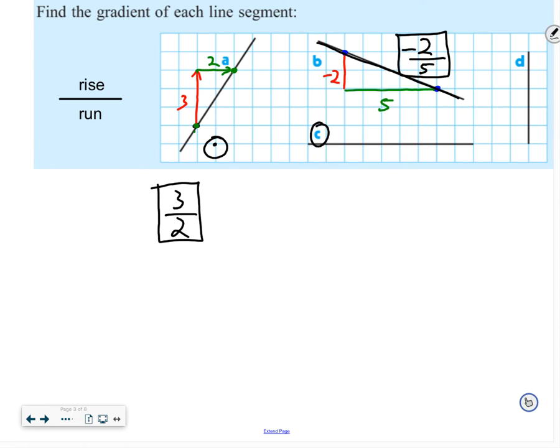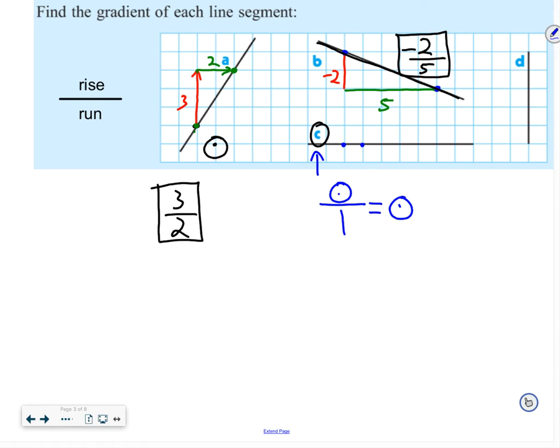Horizontal lines, if we think about it, we have a lattice point here and a lattice point there. So if we look at this, the rise is 0 over the run of 1. Well, 0 over 1 is just 0, so we say that this has a gradient of 0.